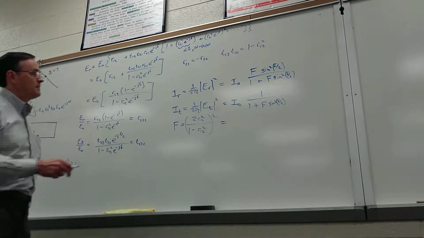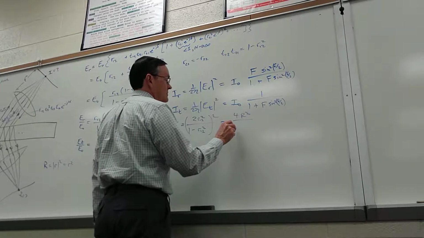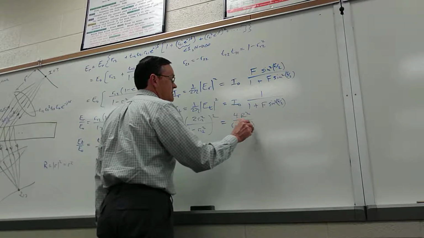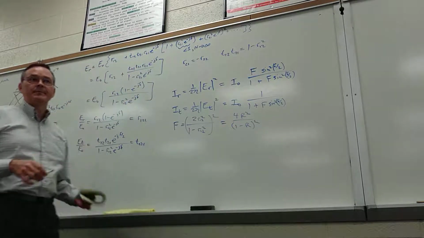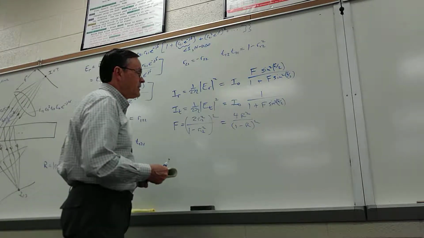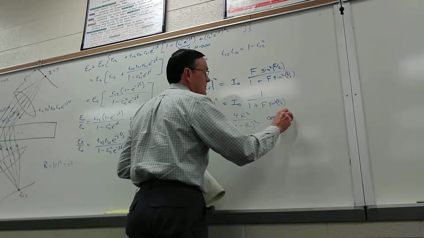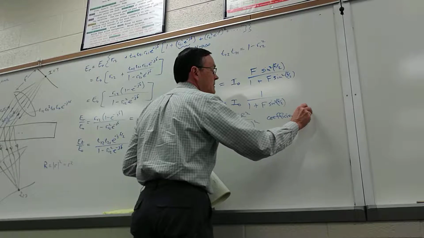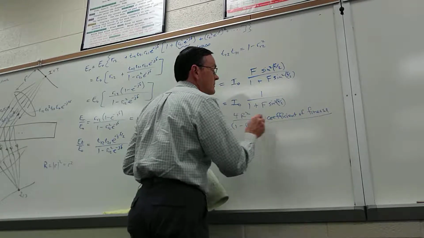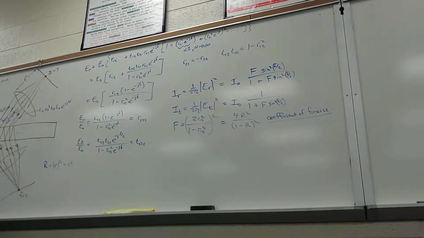So this would be 4 times the square of the reflectance over 1 minus the reflectance quantity squared. And we call this thing the coefficient of finesse. So it has a name. And note the name is not the finesse, it's the coefficient of finesse.